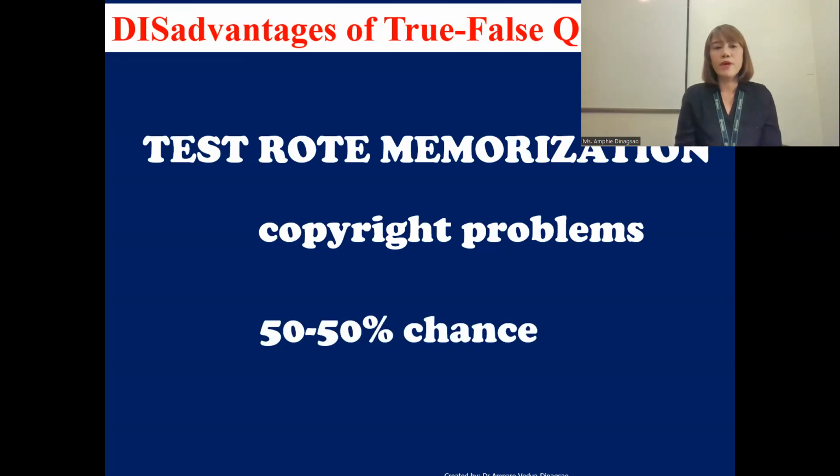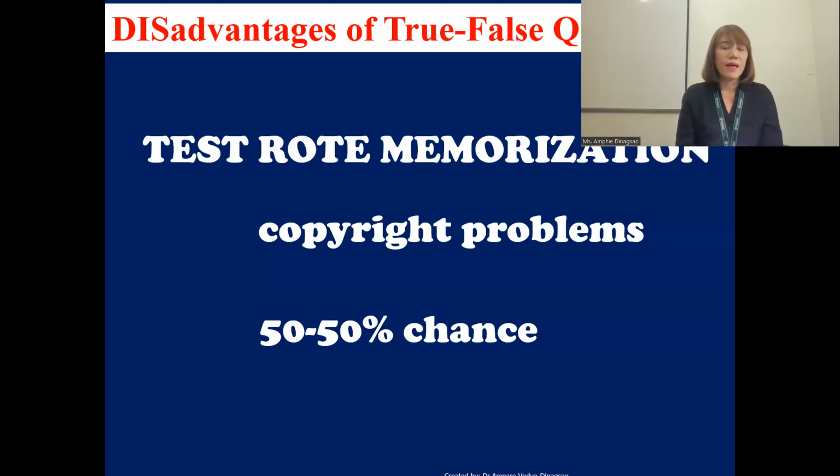So a few of the disadvantages: sometimes this type of test will only test rote memorization. So a low level of thinking skill, remember in Bloom's taxonomy, is just at the understanding, probably at the comprehension level or knowledge level, or remembering level. And it's also a 50-50 percent chance, meaning that there are just two choices, true or false.